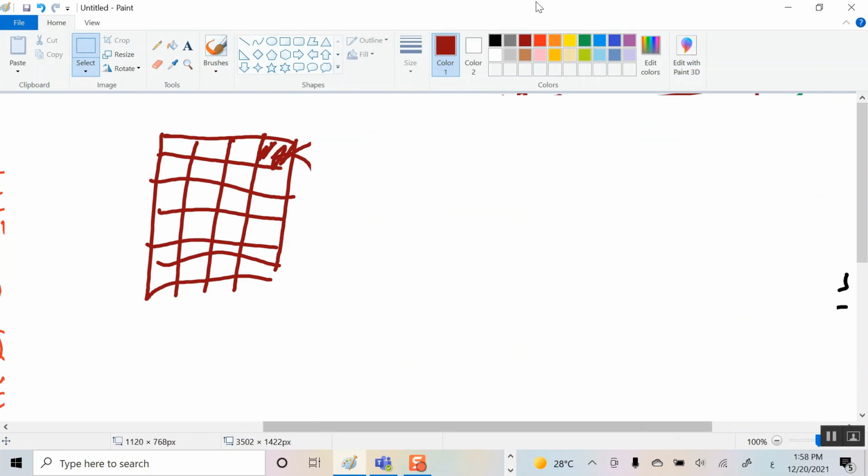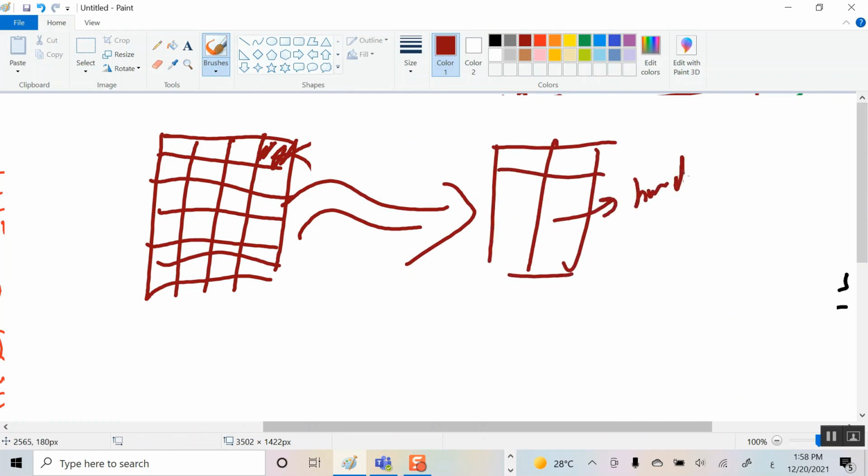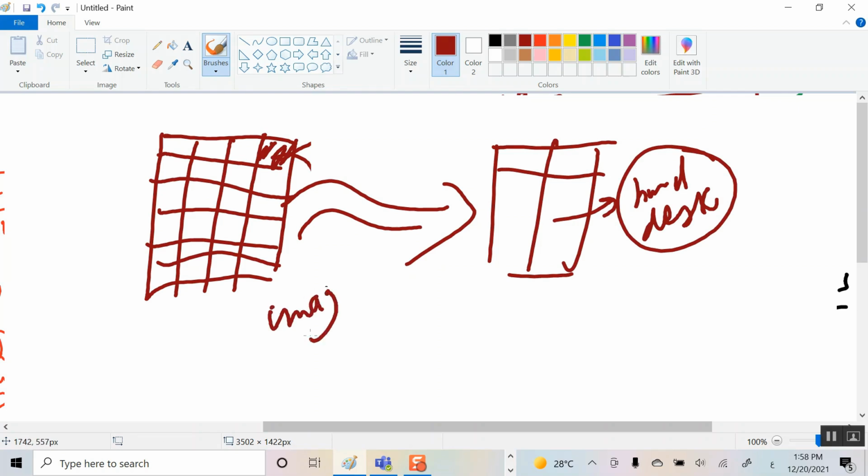Why am I saying this? I want to see how much space this image will occupy when I store it on my hard drive. So, how do I calculate this? The first thing you need to calculate is the size of your image. What is your matrix size? 512 x 512.